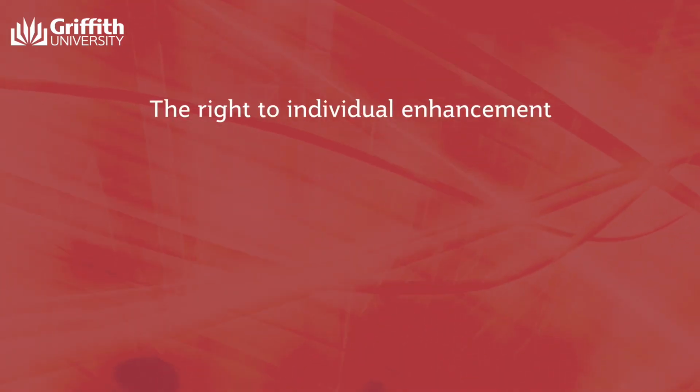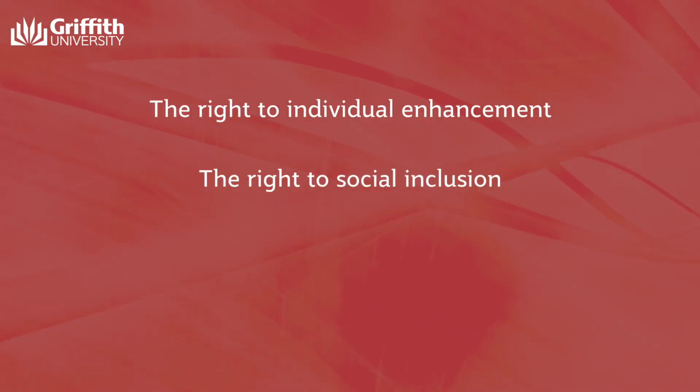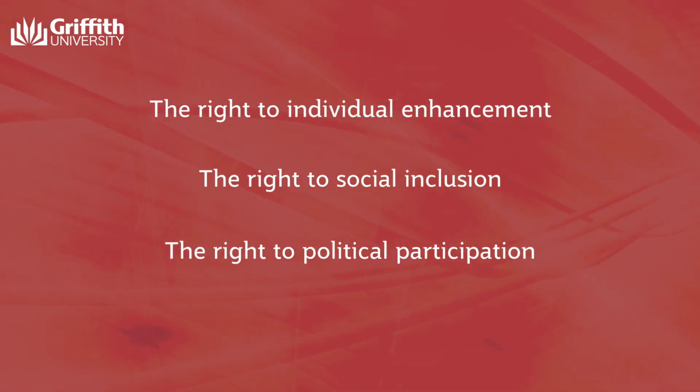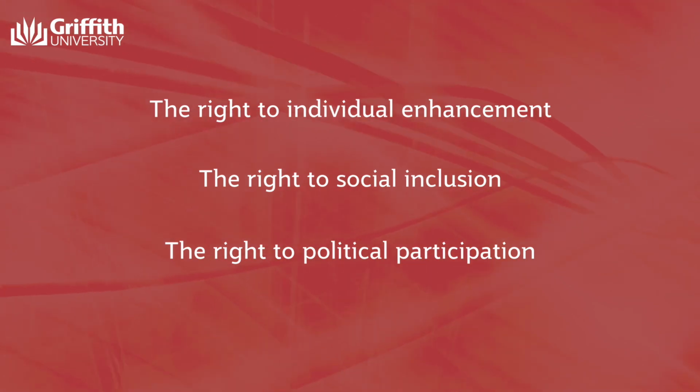So I'm thinking of his pedagogic rights as a heuristic, as a rule of thumb about what children can expect as their rights from being involved in institutionalised education. So Bernstein proposed that there were 3 pedagogical rights: the rights to individual enhancement, the right to social inclusion, and the right to political participation. So I'll talk about each of those in turn.